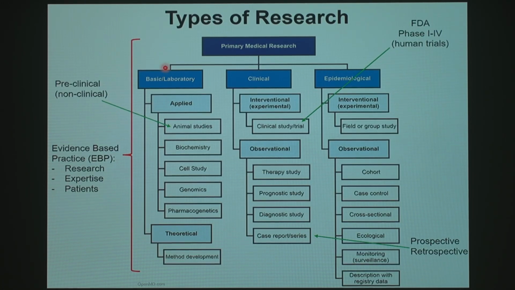For the basic laboratory, this is what I have done in my career, and it's applied, meaning it's experimental. So you have different ways you can do that. You can look in cell cultures, or you can use animal models. When you start using animals, that's considered preclinical.